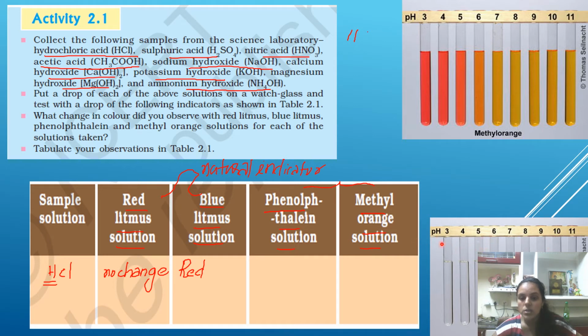Here I am taking this hydrochloric acid as a sample solution. As we already said, the color of the phenolphthalein in acidic condition is colorless, and in basic condition it is pink color.